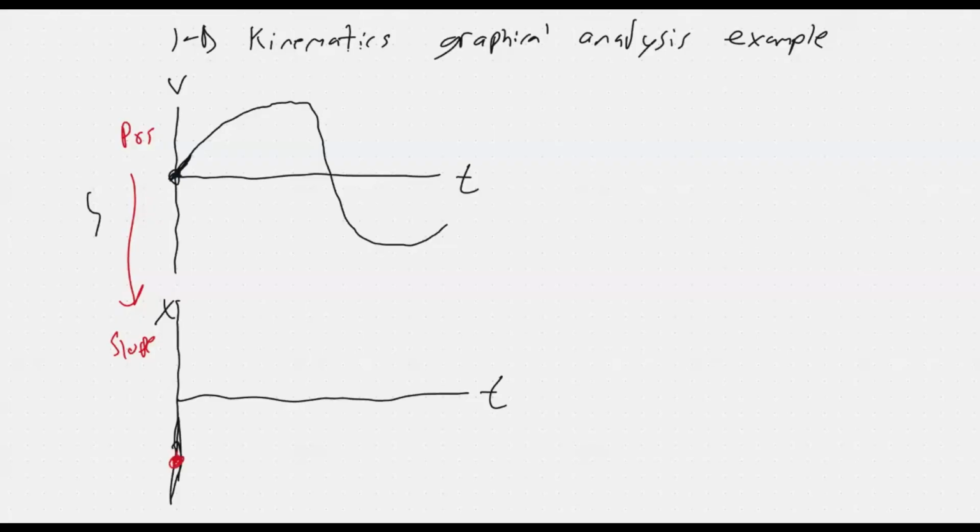Initially, the position is 0, so the slope must initially be close to flat, meaning slope of 0. And slowly, the position here gets more and more positive until about there. That means that the slope must be getting increasingly more and more positive until we reach this time. There's going to be some artistic license in this drawing, but we might get something that looks kind of like that. All right.